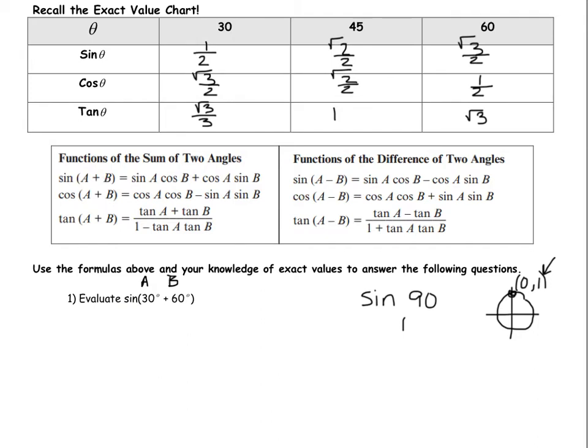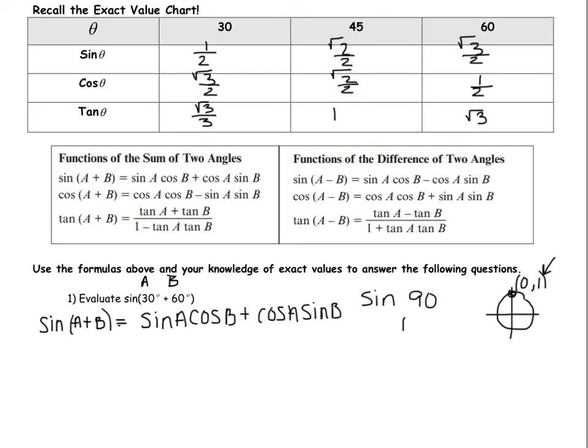So let's write the formula. Sine of a plus b equals sine a cos b plus cos a sine b. Now instead of a and b, let's use the 30 and 60.